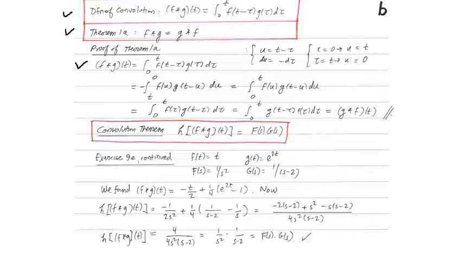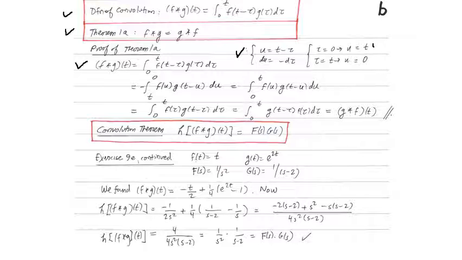And to prove the result, all we really need to do here is a little integration by substitution. So we let u be t minus tau, keeping in mind we're integrating with respect to tau, so we're thinking of t as being a constant. Then du is minus d tau. And our original limits of integration referred to tau.